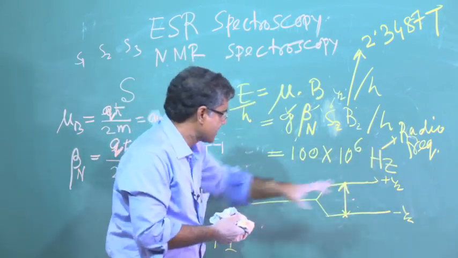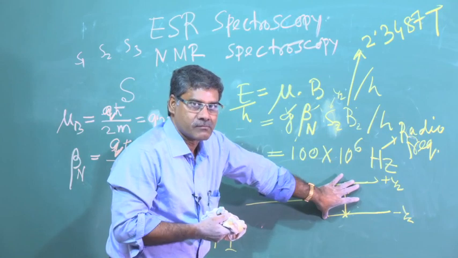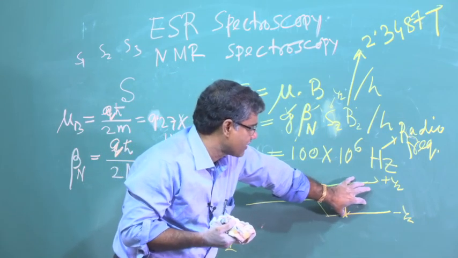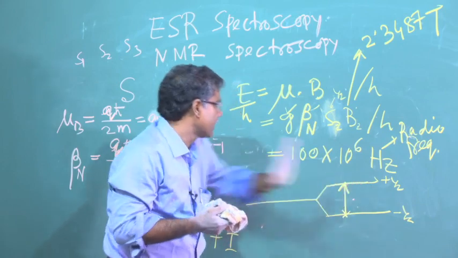Now, I have a system, and if I apply a magnetic field, then I get splitting of the lines, fine.